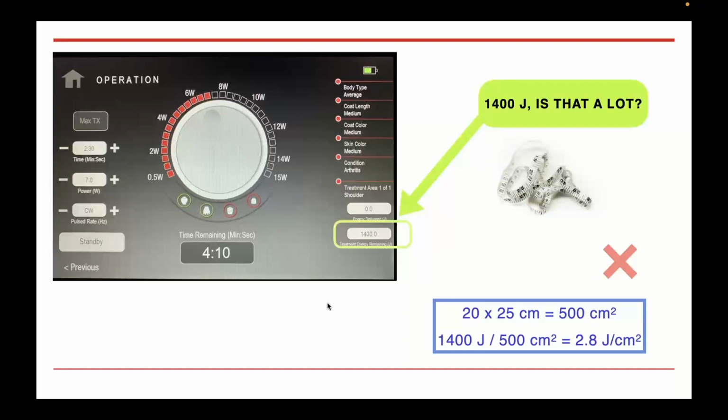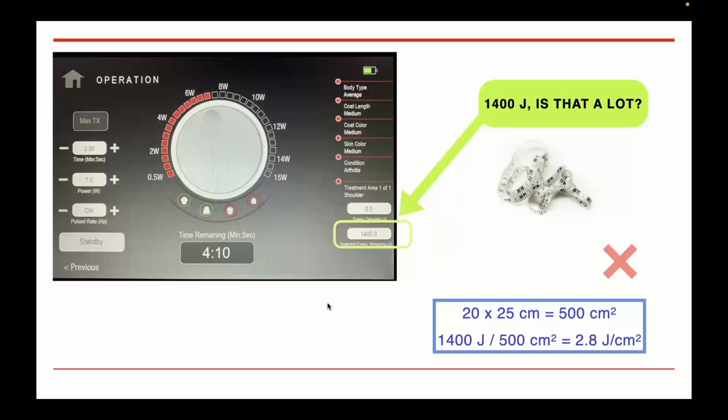Now, if we change the treatment area with this same case, with this same program, and we extend it to, let's say, 500 square centimeters, because we decided we should also treat the scapular muscles and a bit of the caudal cervical spine, well, if we spread our initial amount of joules that much, the joules per square centimeter are going to decrease. So the density of the energy, or the dose, is going to be lower.